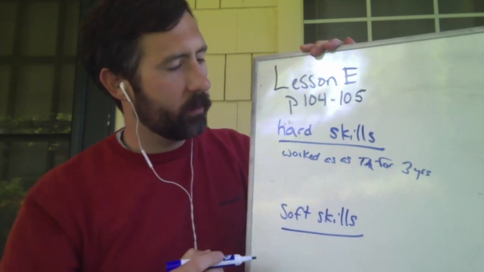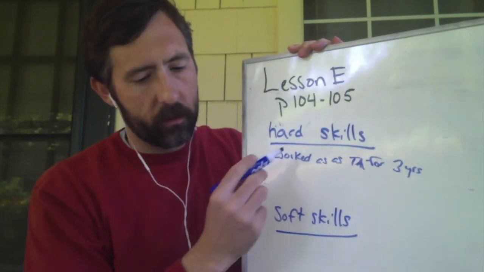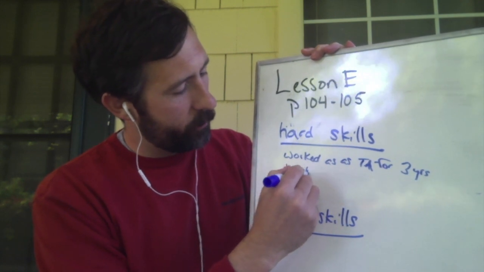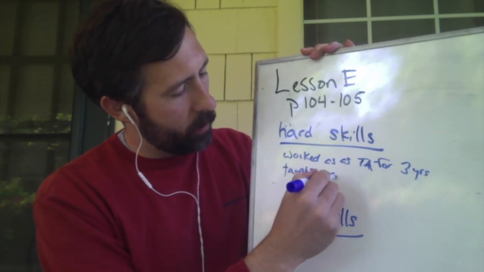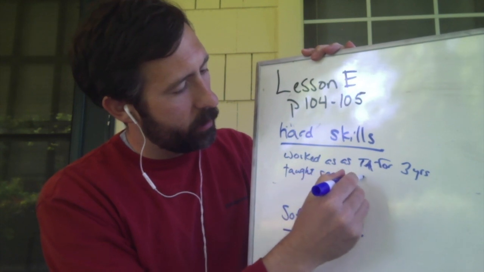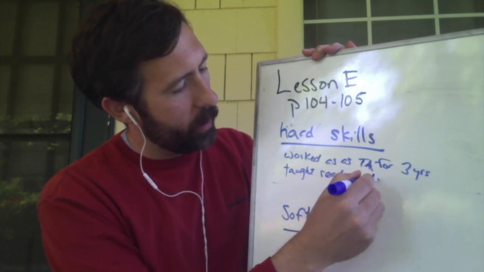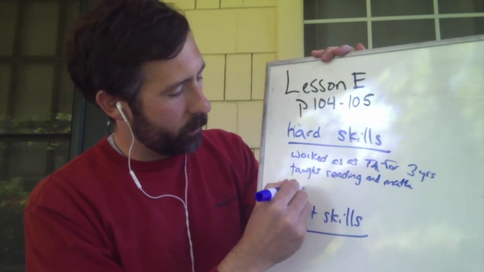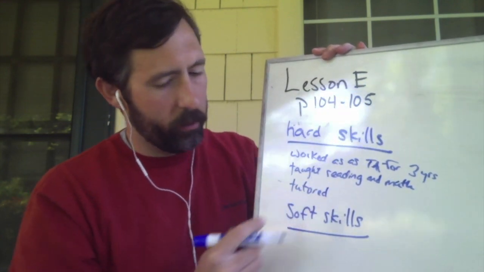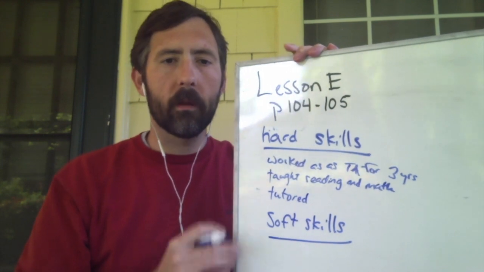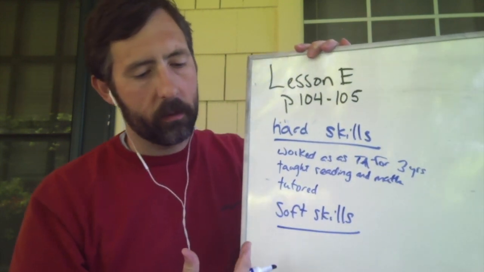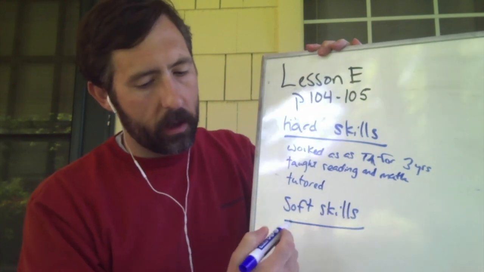She's worked as a TA for 3 years. She's taught reading and math, and she has tutored, right? These are some hard skills that she's included in her cover letter.